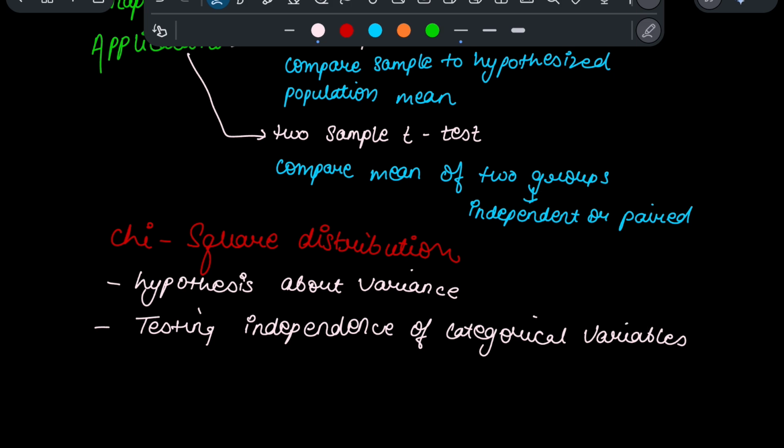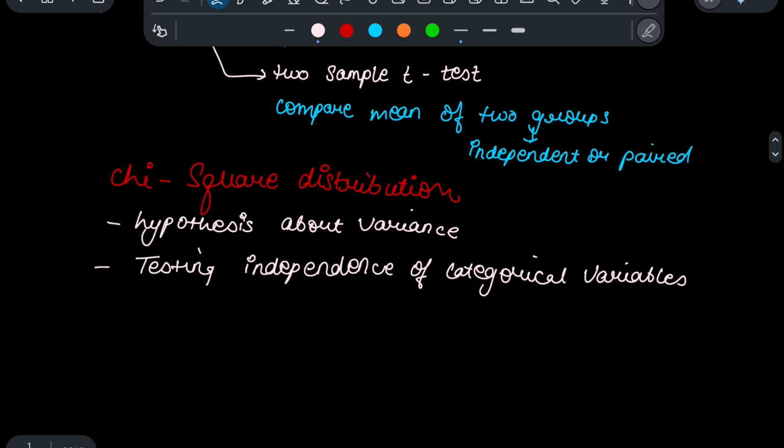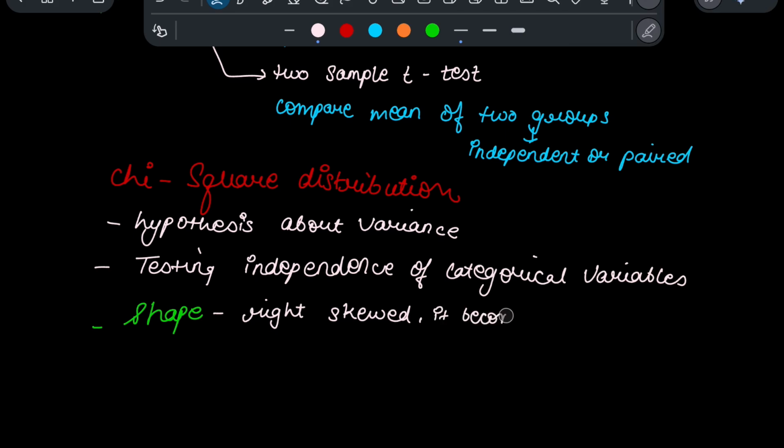Talking about the shape of the chi distribution, it is skewed to the right, especially for small df, and it becomes more symmetric as the df increases.